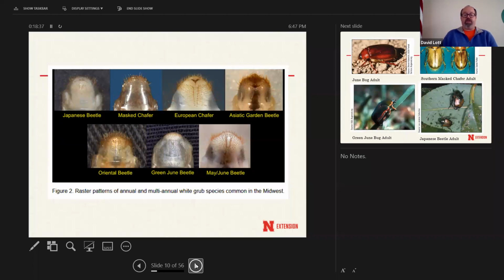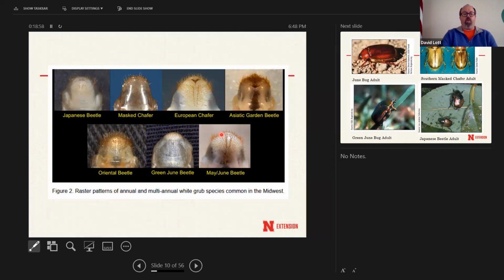It's white, but do you see the V shape that's in here? So I'm going to take my laser pointer here. See, this makes a V shape. That helps us identify that larva as a May-June beetle.